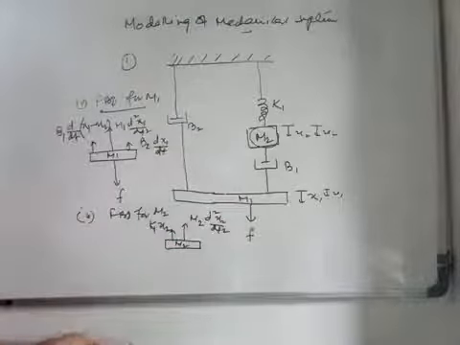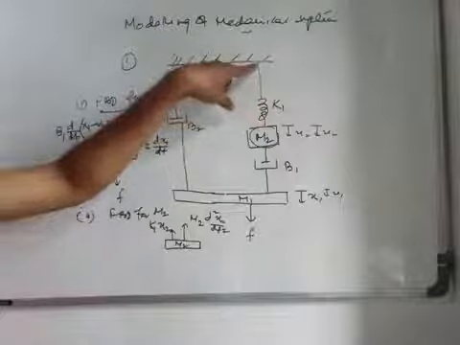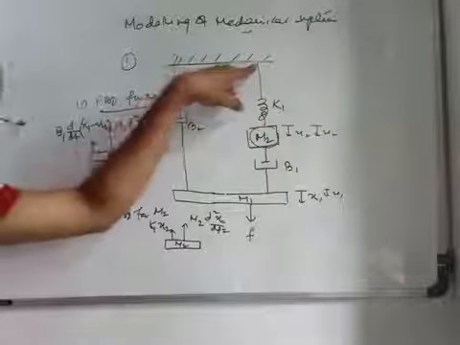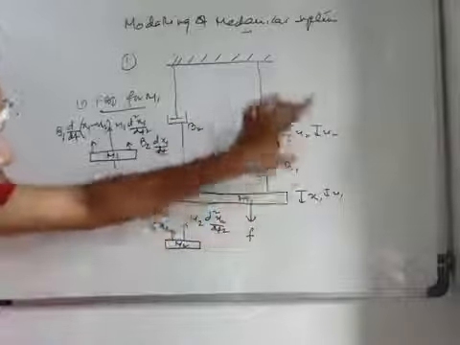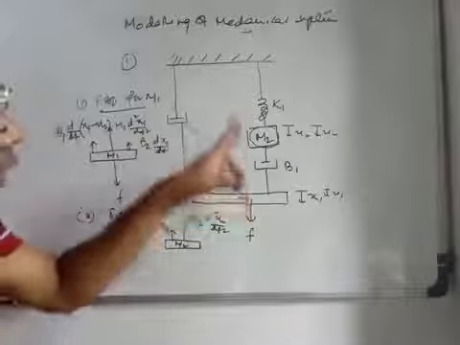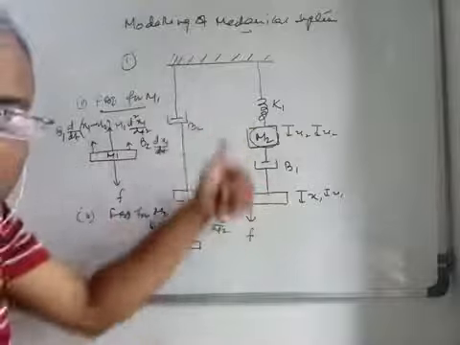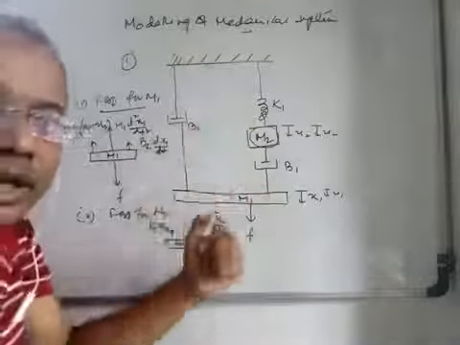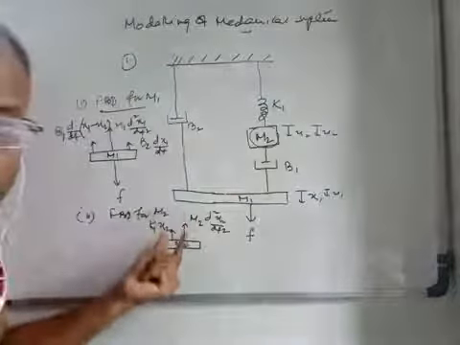Why K1 into x2? See, K1 is the spring connected to my rigid body, which has no displacement, and x2 is the displacement in this direction. So x2 minus 0, basically K1 into x2 is the force which will be opposing the motion of m2 in this direction, right? So these spring forces will be acting in the upward direction.